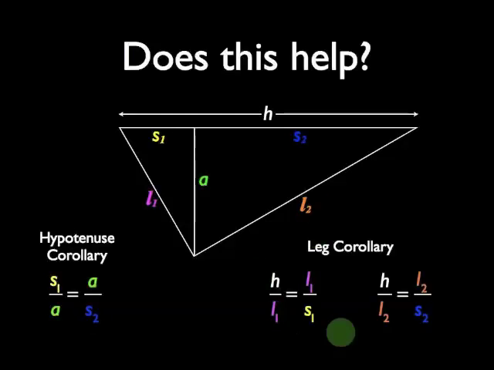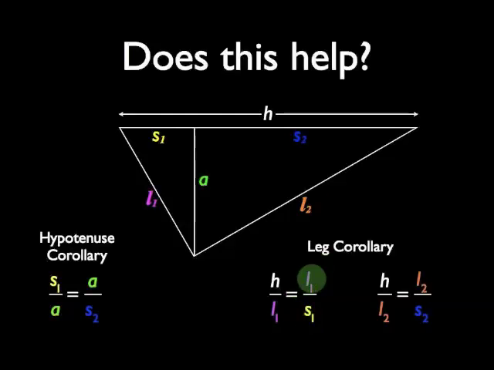The leg corollary actually allows us to do two proportions. It says that each corresponding leg, so here this first one we're talking about, L1, is the geometric mean of the entire hypotenuse and the segment of the hypotenuse adjacent to the leg. So the first leg is the geometric mean of the hypotenuse and the shorter segment of the hypotenuse.